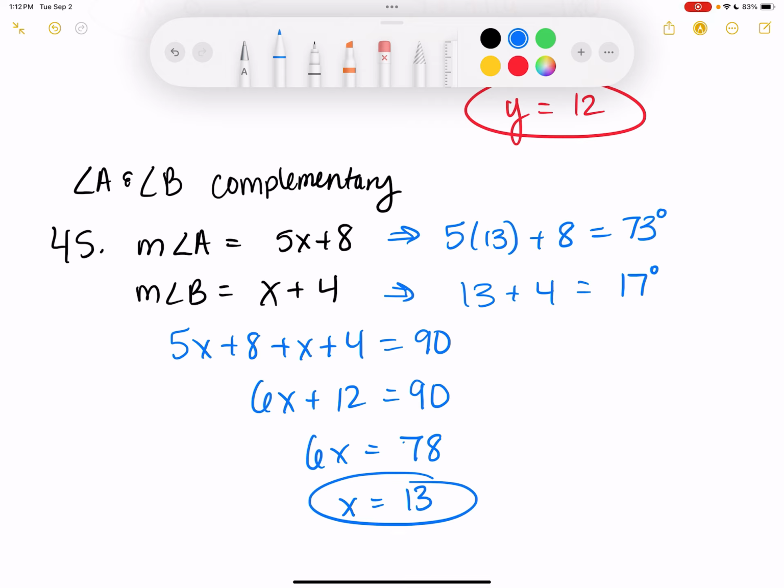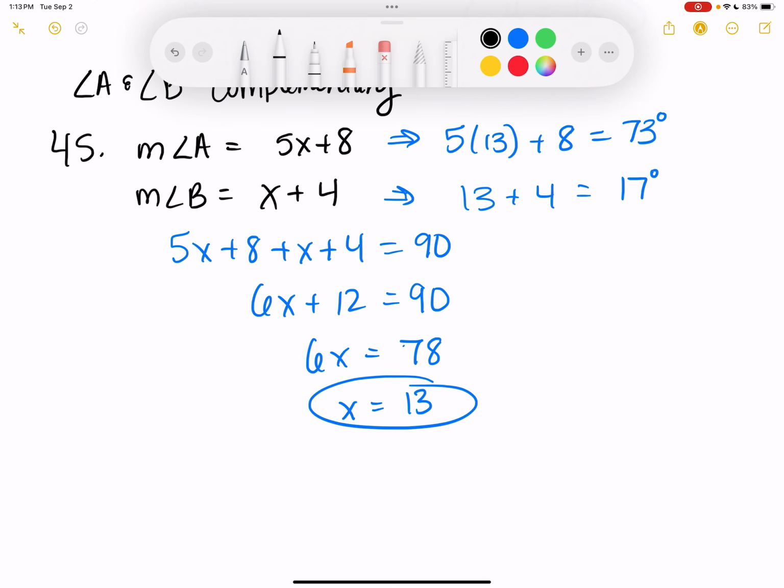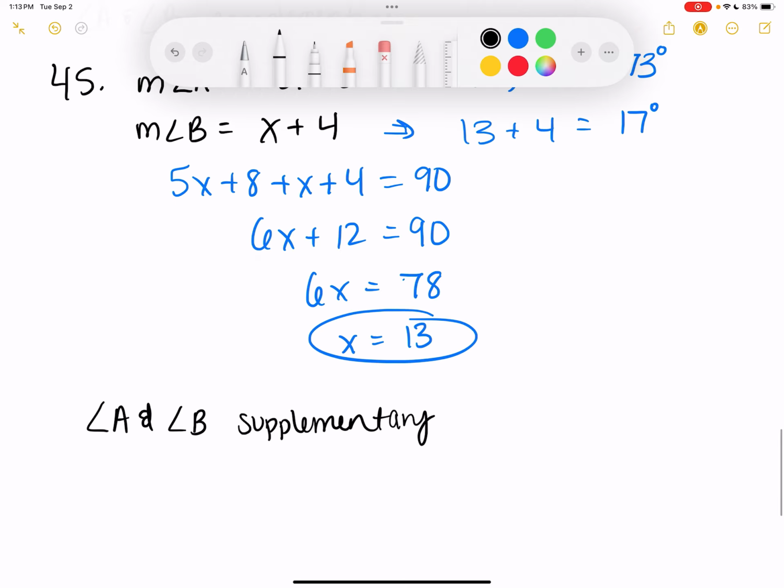Supplementary ones now are the same, except supplementary is equal to what? 180. Yep. So in this one, they're telling us that angle A and angle B are supplementary. So in problem 51, the measure of A is 12x plus 1. The measure of B is x plus 10.